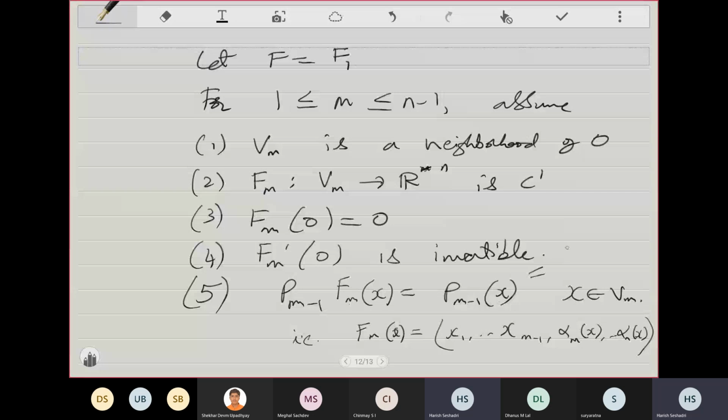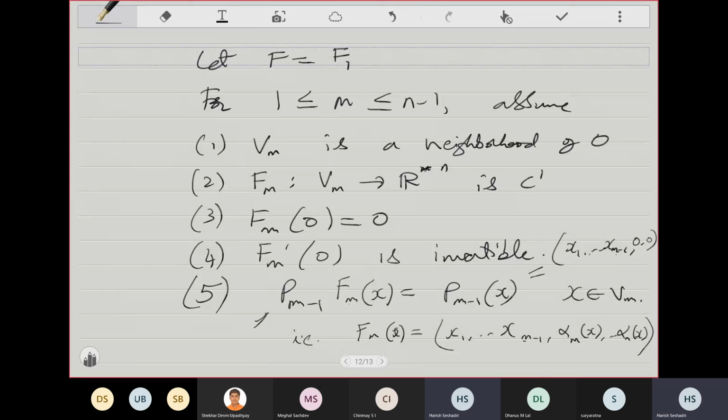By definition, it is x1, ..., x_{m-1}, with zeros in all the other slots. It's a projection onto the first m minus 1 components. So that means the first m minus 1 components of Fm are just x1, x2, ..., x_{m-1}. That's what I have here.